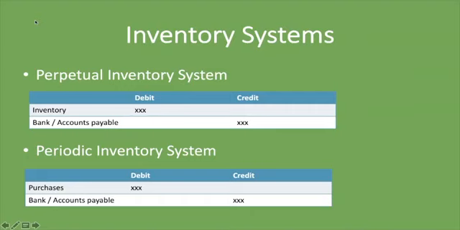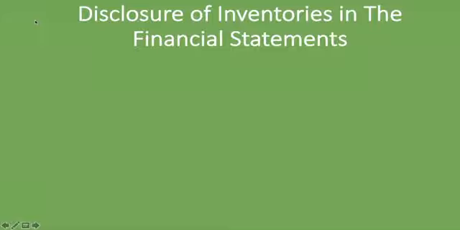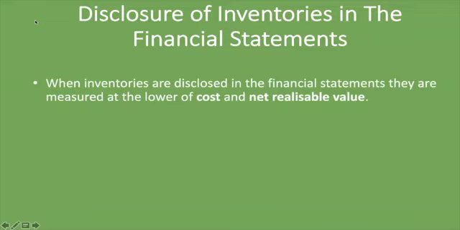the perpetual inventory system. Now, how do you disclose inventories in the financial statements? This is another important factor. How do your inventories affect your financial statements? So let's look at that. When inventories are disclosed in the financial statements, they are measured at the lower of cost or net realizable value, whichever one is the lower.